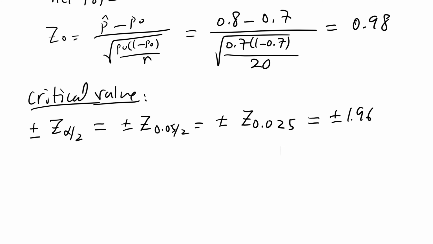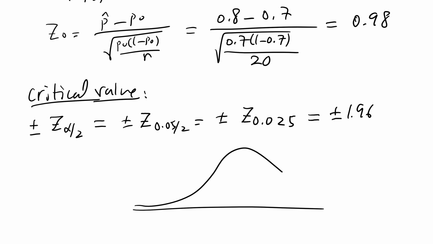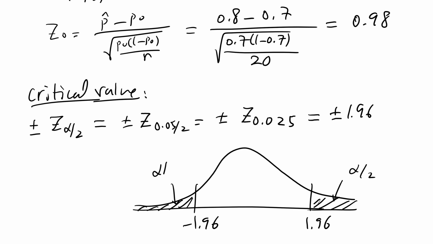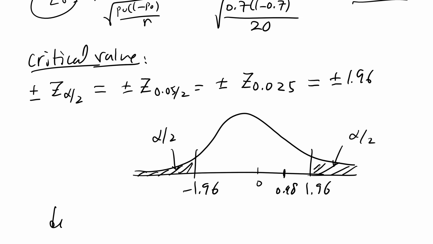So if you put that on the graph, this is 1.96 and this is negative 1.96. Each one is alpha over 2 area. What is the z0? It's 0.98 here. It's not in the rejection region, so we do not reject the null hypothesis.